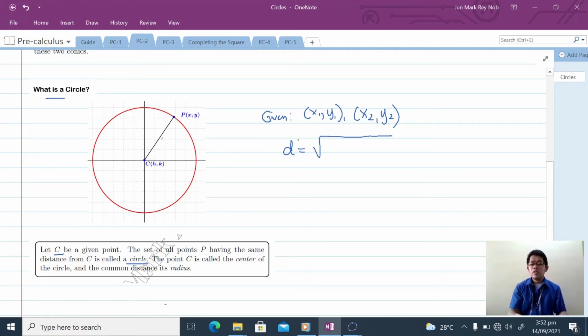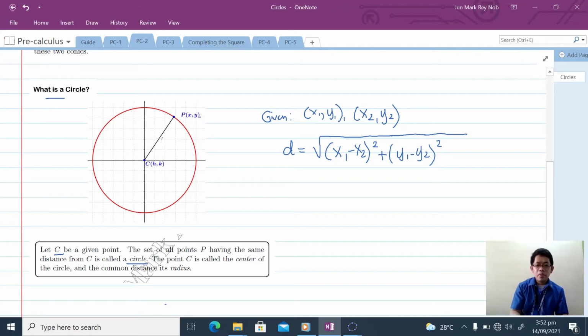That's equal to the square root of the square of the difference between x1 and x2 plus the square of the difference between y1 and y2. That's the distance formula, the distance between any two given points in the xy plane.